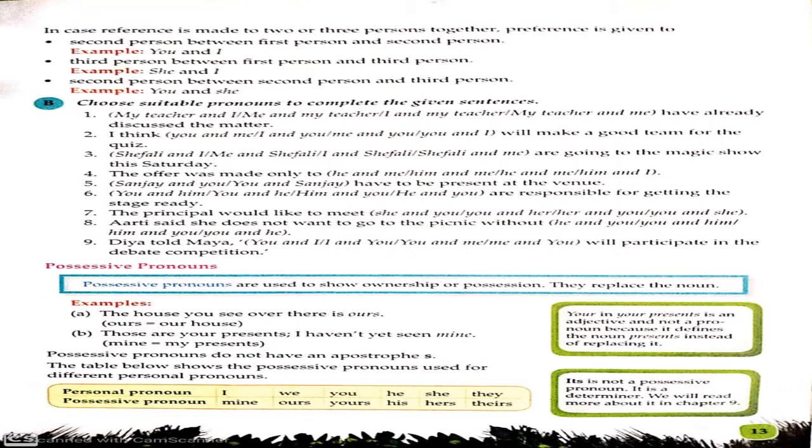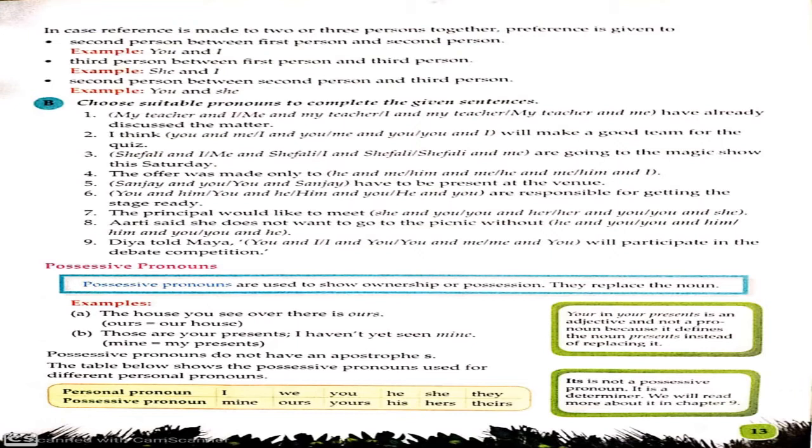So we know that I is the first person, you is the second person, and she, they, these all are third persons. If you can see you and she, you will not be using she and you to frame the sentence.